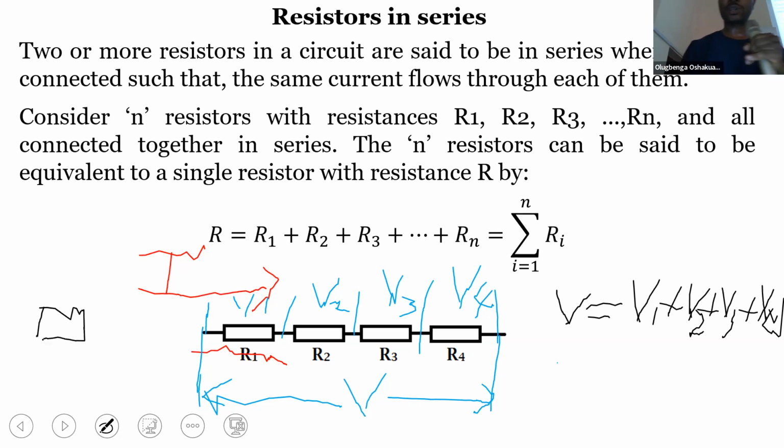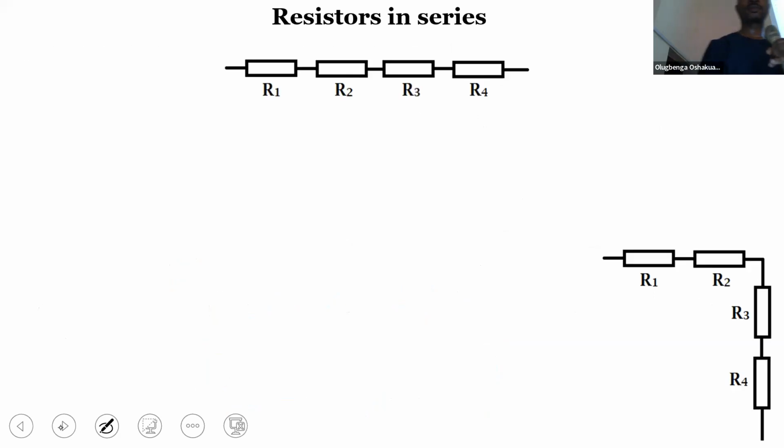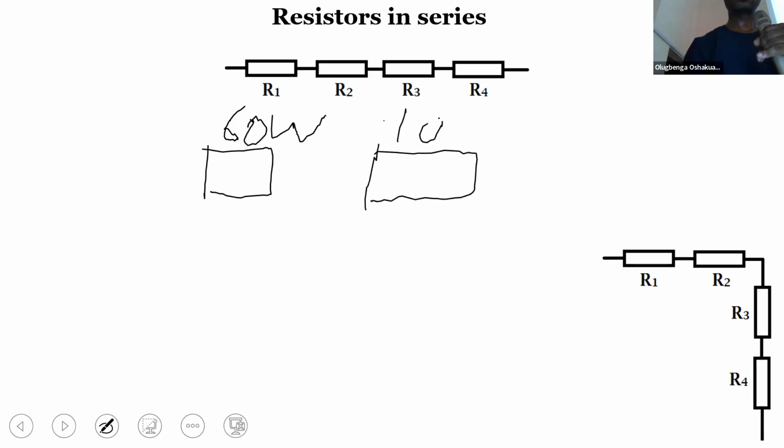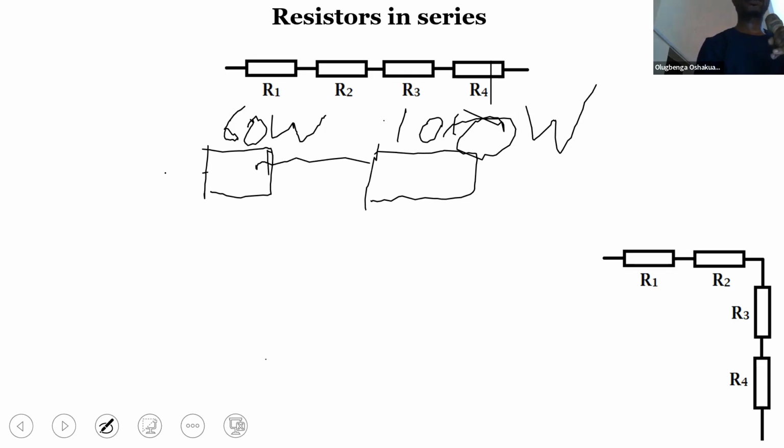So let me just say we have a 60-watt bulb and a 100-watt bulb connected in series. So this has higher resistance.